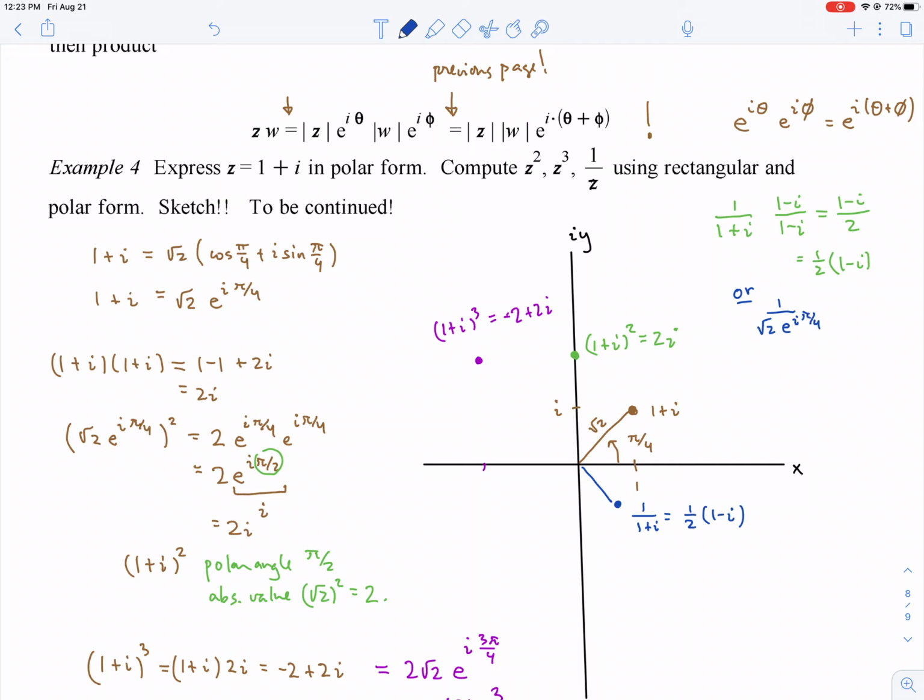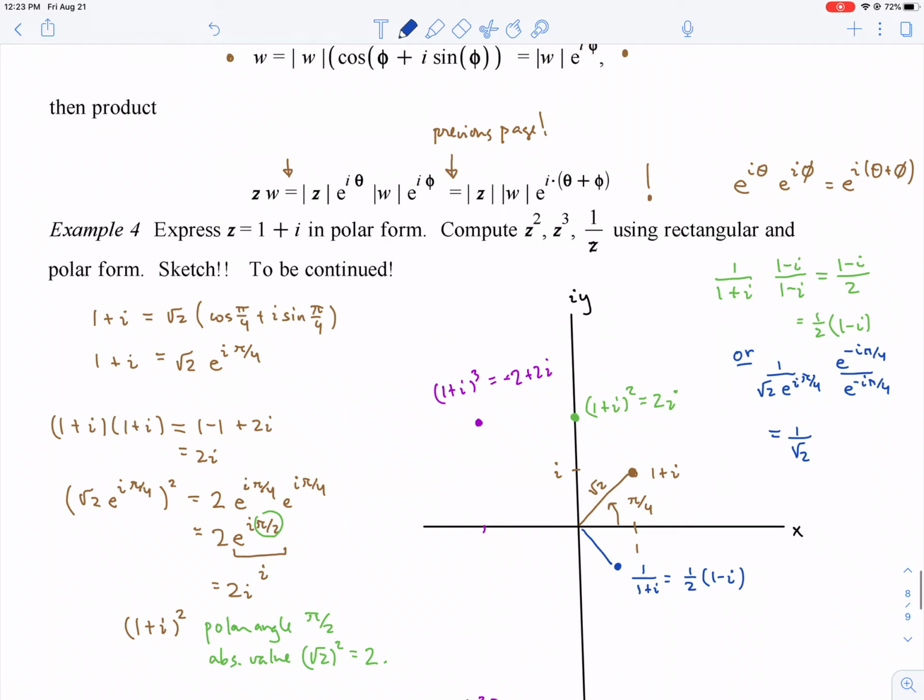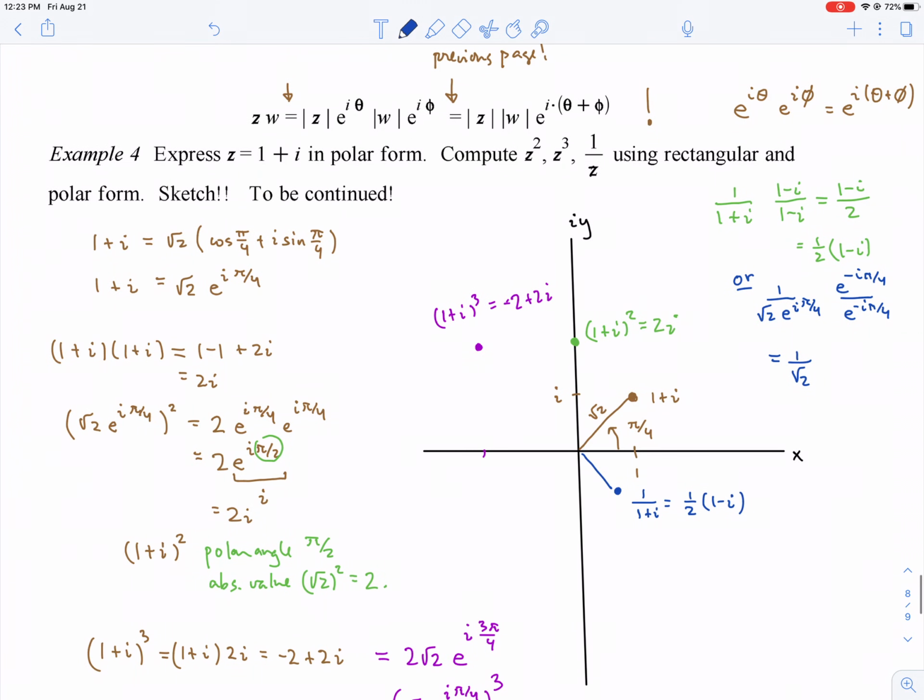I could multiply by e to the minus I pi over 4 on top and bottom, and I would get 1 over root 2, and the product of the exponentials in the denominator is 1 because of the computation we did before, that e to the I theta times e to the I phi is e to the I theta plus phi, and e to the I 0 is e to the 0, which is 1.